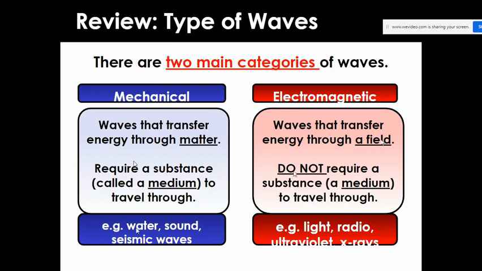We call it a field. They don't require a medium with which to travel, so in the vacuum of space they can travel. Examples are all forms of light. This refers to probably visible light, radio waves, ultraviolet, and X-rays. All parts of the electromagnetic spectrum are considered electromagnetic waves.